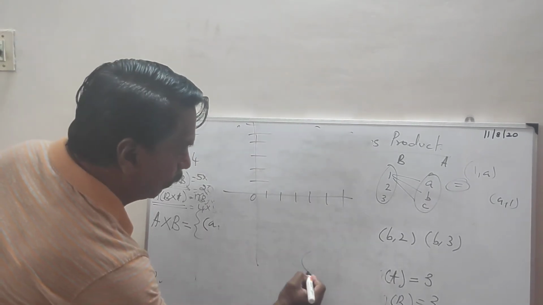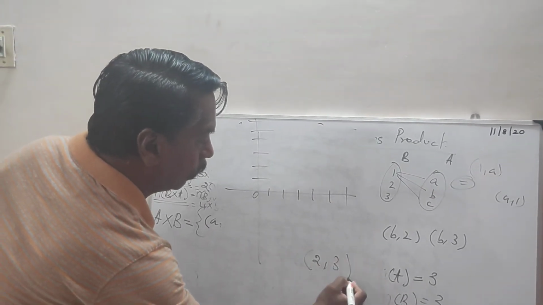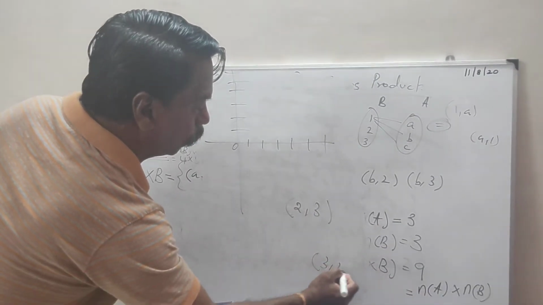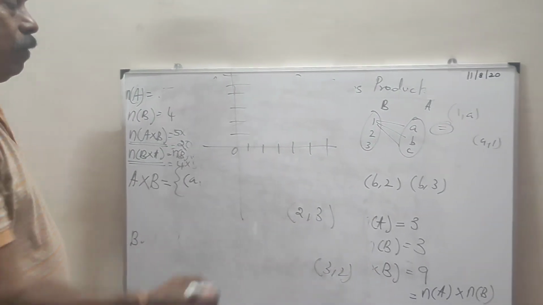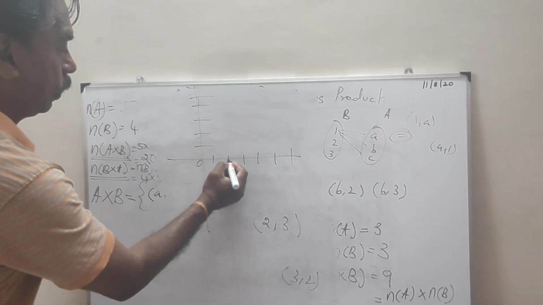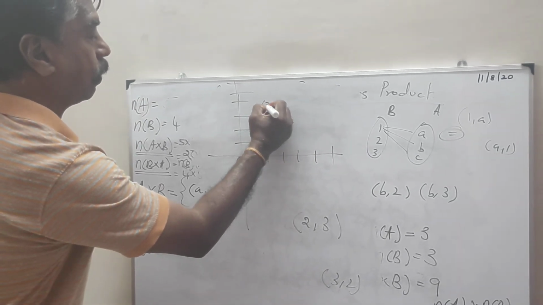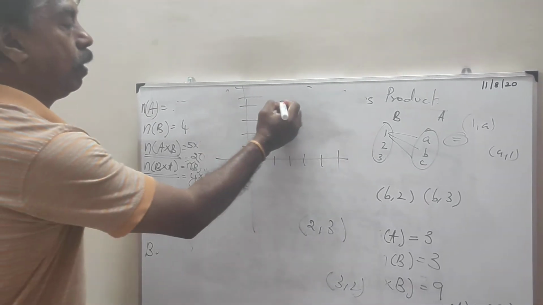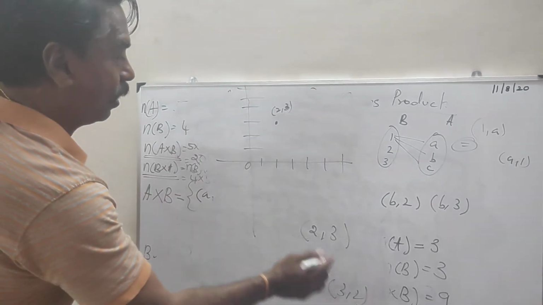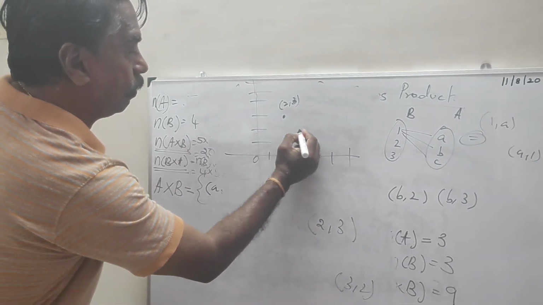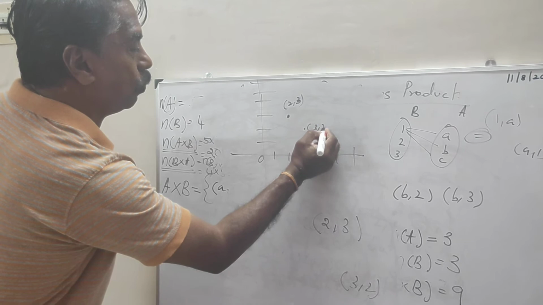Now you take, for example, 2 comma 3 and 3 comma 2. What about 2 comma 3? This is 2, this is 3, this is 2 comma 3. What about 3 comma 2? This is 3, this is 2, this is 3 comma 2.